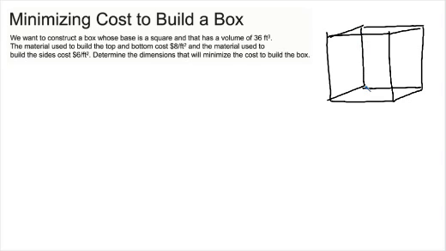It has a volume of 36 cubic feet. Notice I'm pulling information out. The material used to build the top and bottom costs $8 per square foot, and the material used to build the sides costs $6 a square foot. Determine the dimensions that will minimize the cost to build the box.